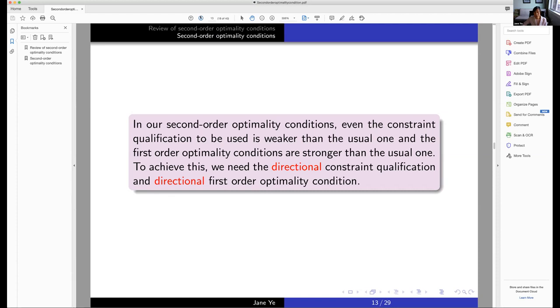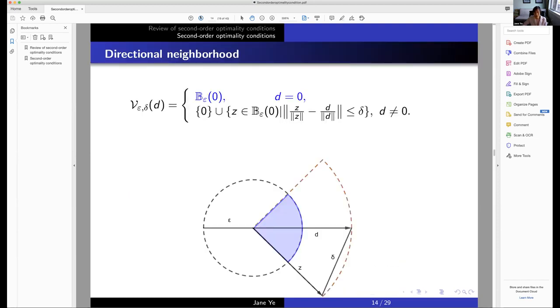Okay, so suppose we have a direction, just like a direction in a critical cone, right? Suppose this D is a given direction. Then the directional neighborhood is no longer the unit open ball.